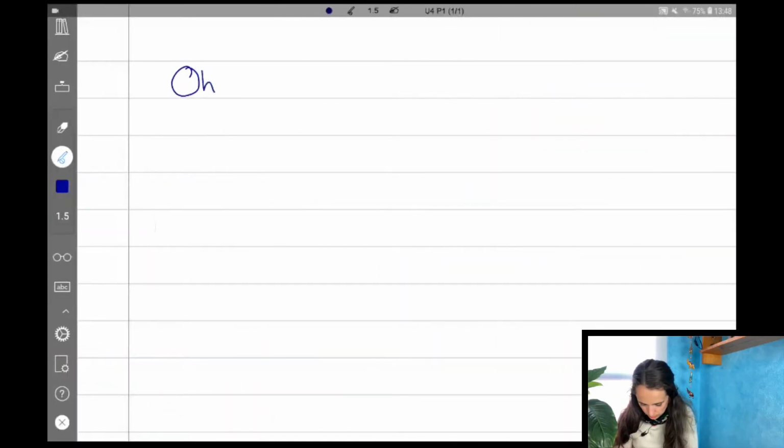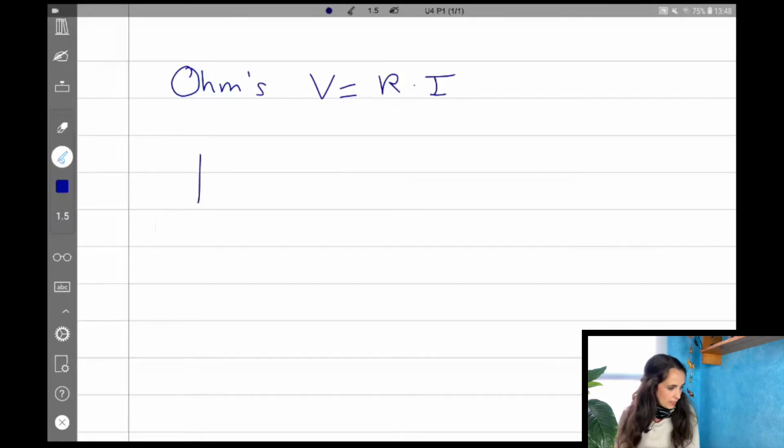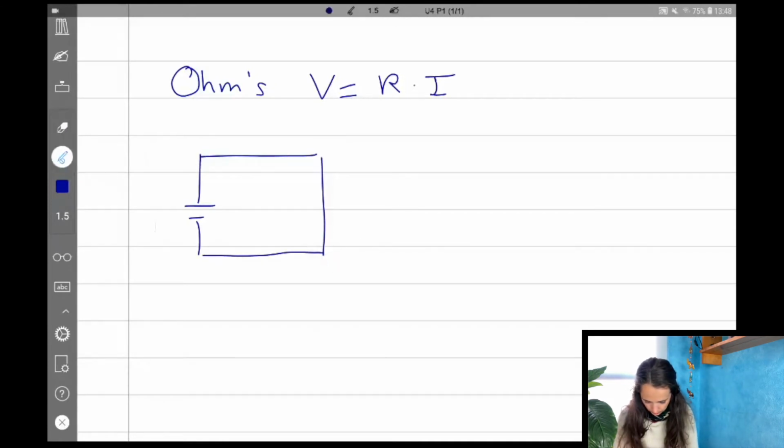To finish with this video, we are going to do a really simple exercise to apply this formula. So let's remember Ohm's law, which is V equals R multiplied by I, okay? Imagine that we have a small circuit like this one. Let's say that we have a light bulb, okay? We know that the voltage is 5 volts and the resistance in the light bulb is 100 ohms.